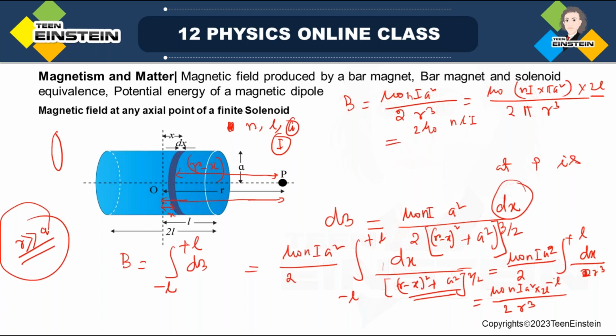N L I pi a square divided by R cube. So this part is M, 2M here, mu 0 by 4 pi R cube. Okay, so mu 0 divided by mu 0, so 2M.